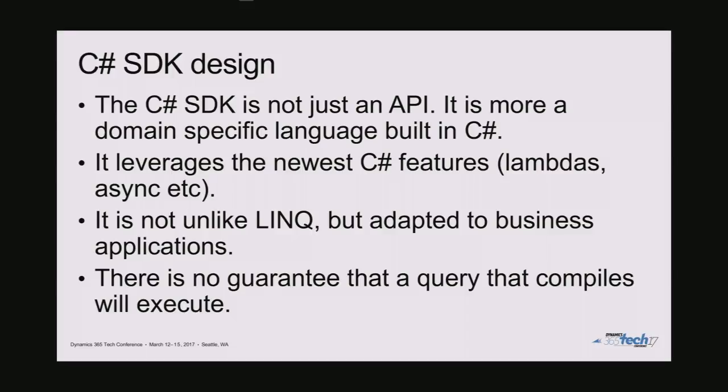Anyway, it is adapted to business scenarios, not just general scenarios. One example is that you can't do select star. Another thing is that by default string comparisons, if you do a where name equals Jones, will be case insensitive, because we think that's the more common scenario in business applications. There are several of these decisions that we made to make this a business-focused scenario.